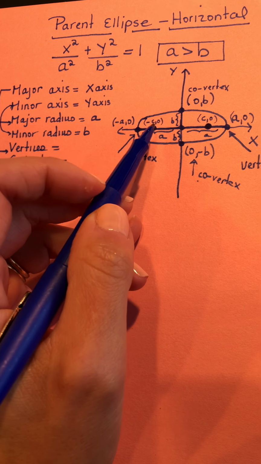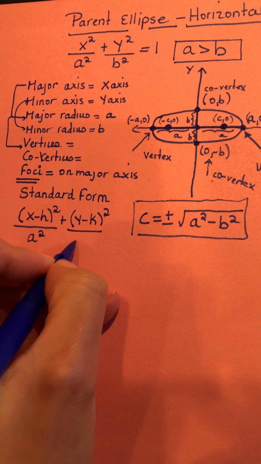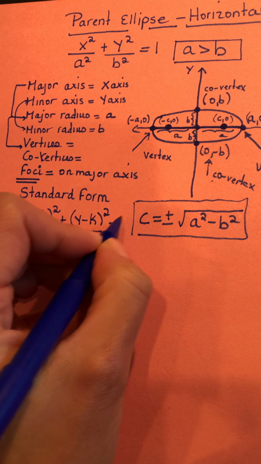And then finally, because we have the parent ellipse, we need to talk about standard form. And standard form is going to use the similar logic as a circle. The way that you have standard form for a horizontal ellipse is you have the quantity x minus h squared all over a squared, okay, plus the quantity y minus k squared all over b squared equals 1.